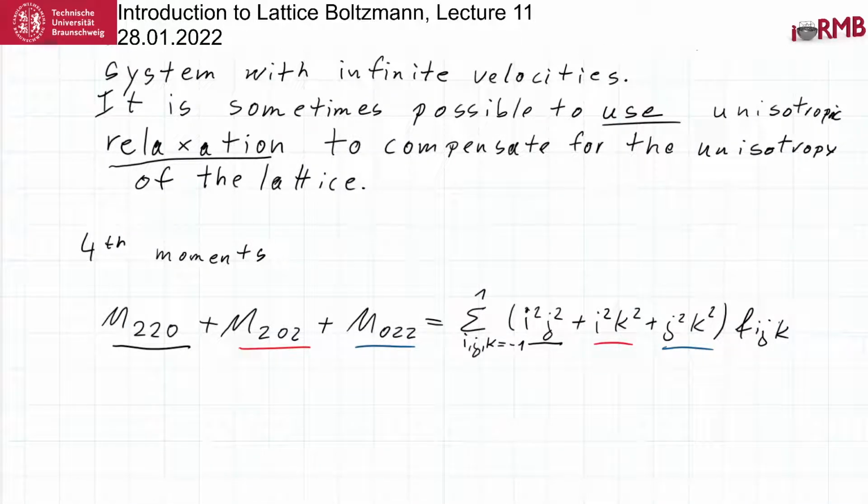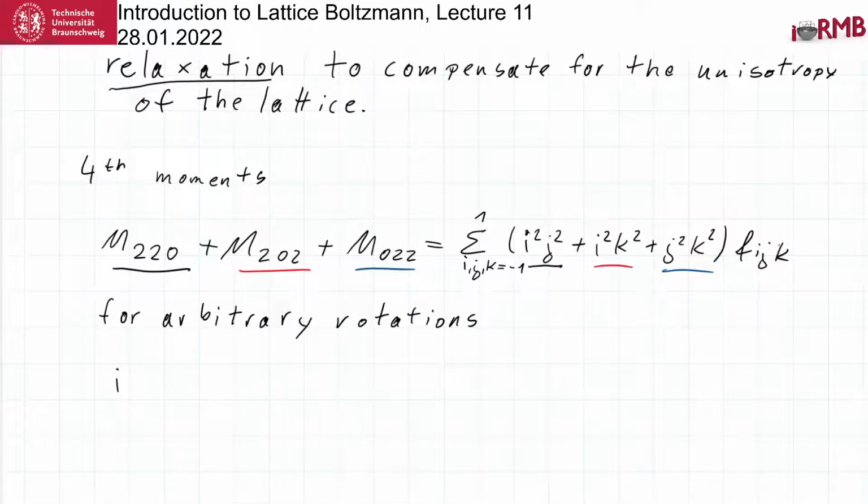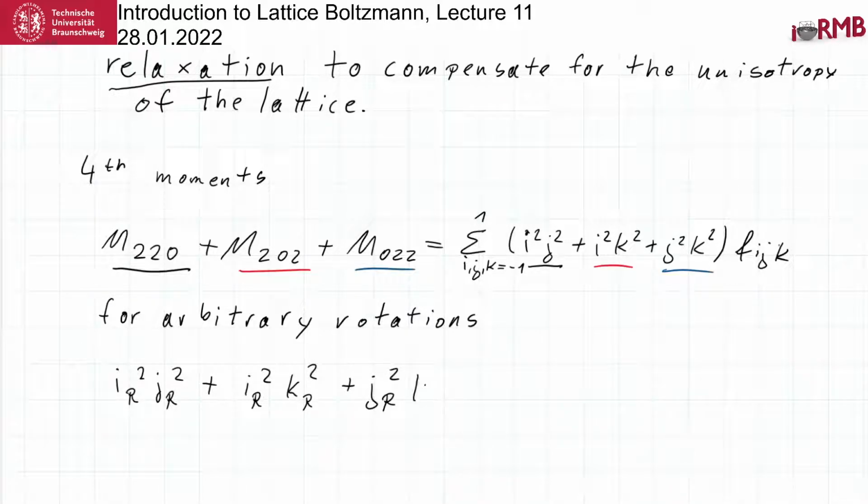Then this is again an isotropic quantity, as we see if we take an arbitrary rotation: for arbitrary rotations, we observe that iR squared jR squared plus iR squared kR squared plus jR squared kR squared is exactly equal to i squared j squared plus i squared k squared plus j squared k squared, and so this is an isotropic moment.